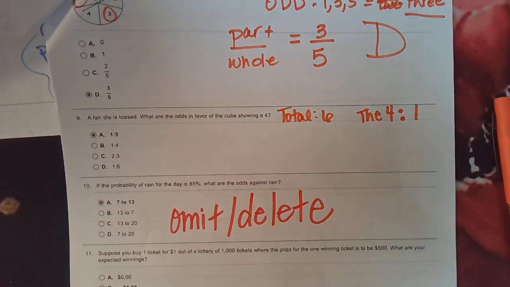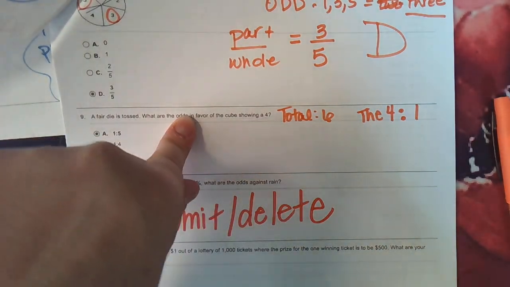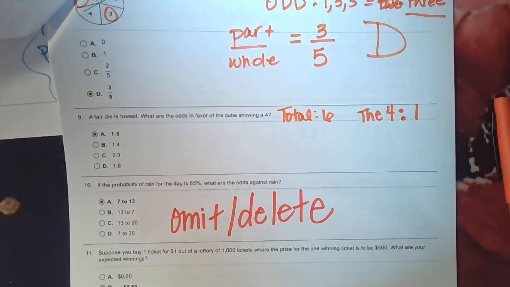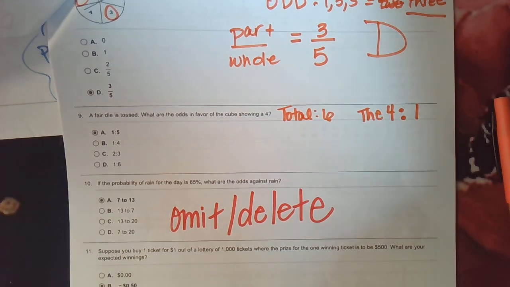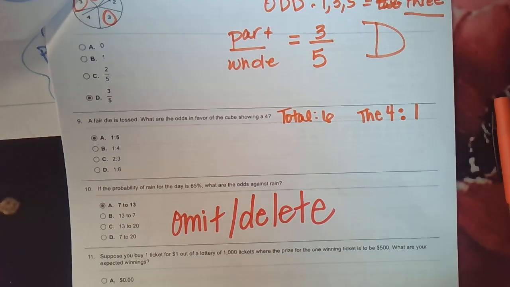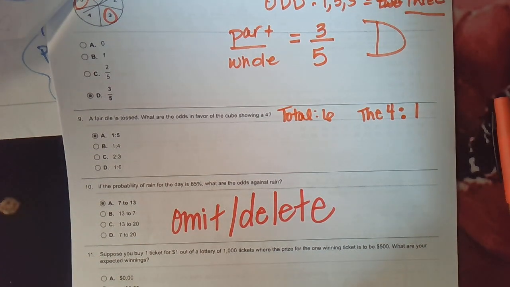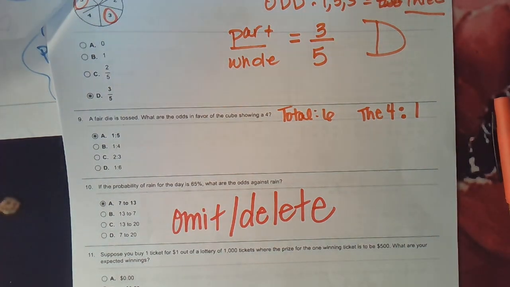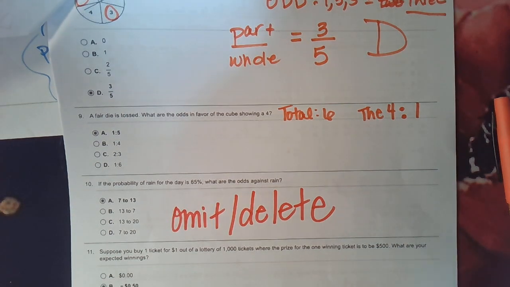And now I need to look for the formula that says odds in favor. It's going to be on, let's see. Looking for the formula so I can write it down just like the notes showed.